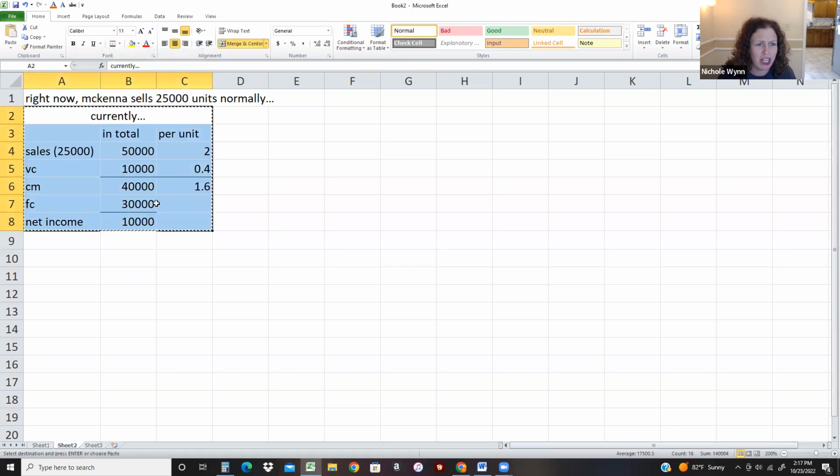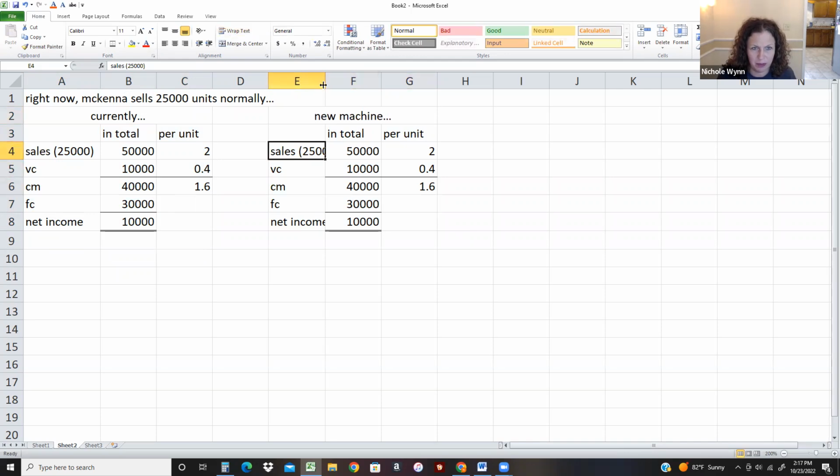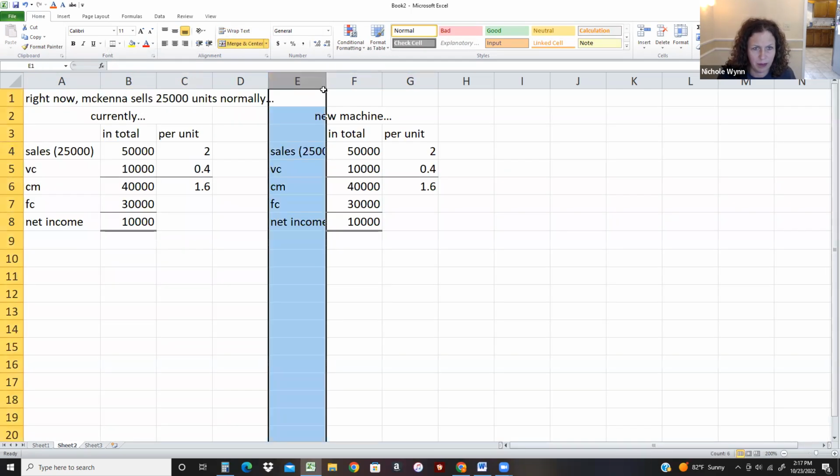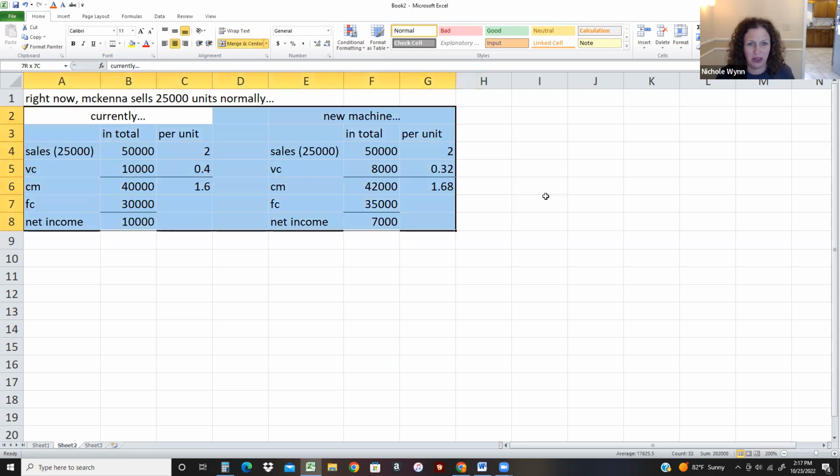But if I buy the machine and I'm selling 25,000 units, then this cost changes to 32 cents and this cost changes to 35,000. So 25,000 times 2, 25,000 times 32 cents gives a contribution margin of 42, but my fixed cost increase brings my net income to 7. So if I normally sell 25,000, I would say this is a bad idea.